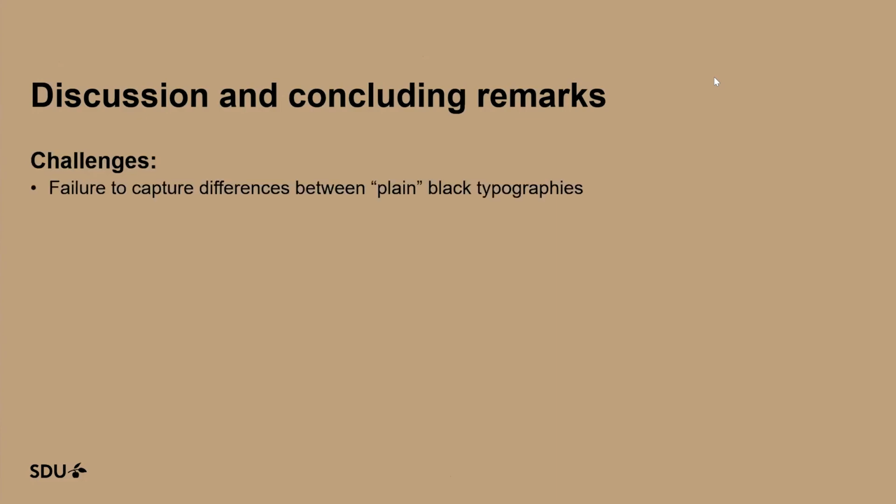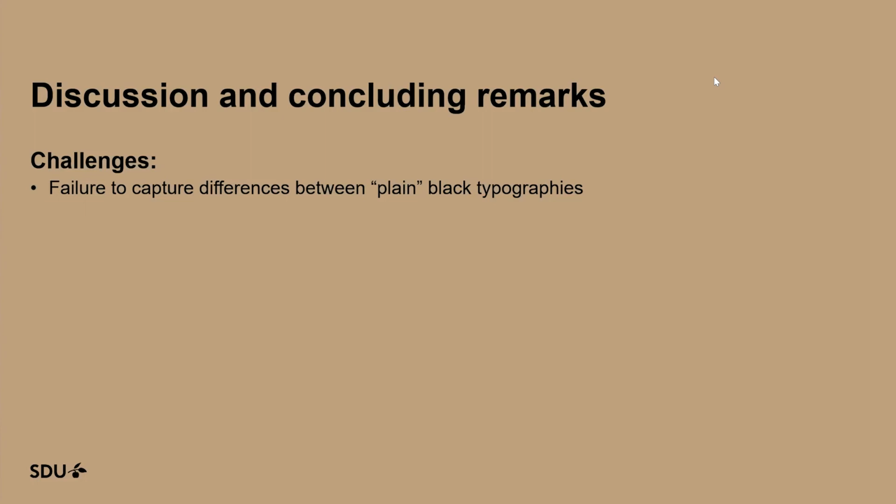Now, to judge from the work I've been doing on typography in a literary context, the primary strength of the distinctive features approach lies in capturing and describing features of typefaces that differ notably from each other. So that is typically what we see in the more experimental typographic examples.